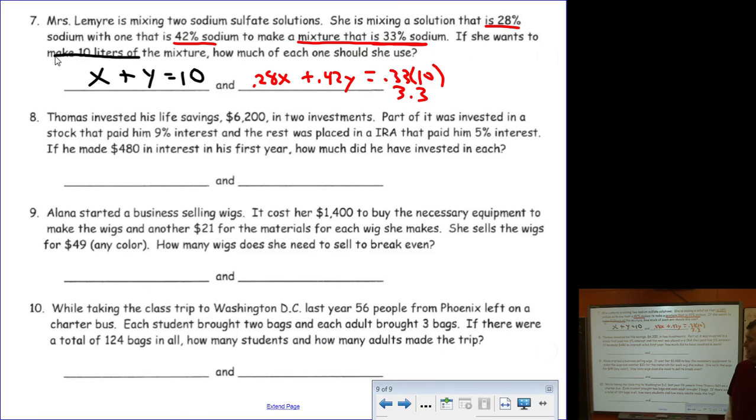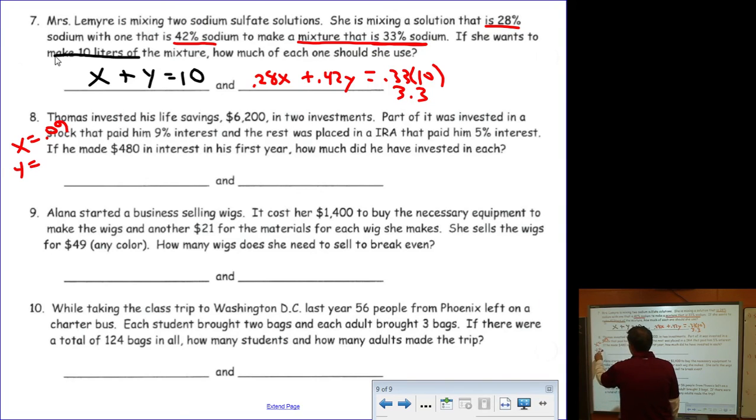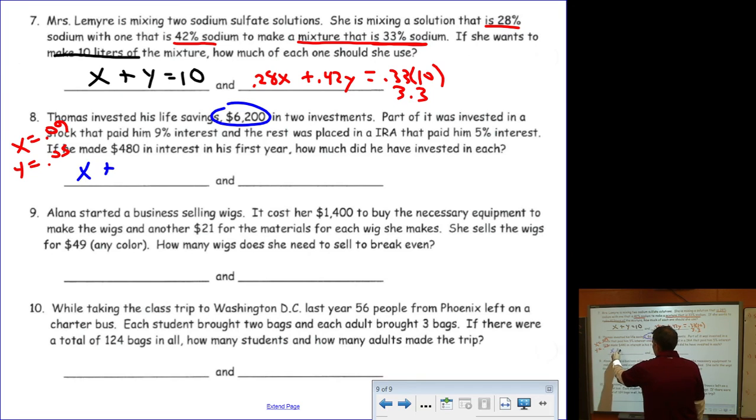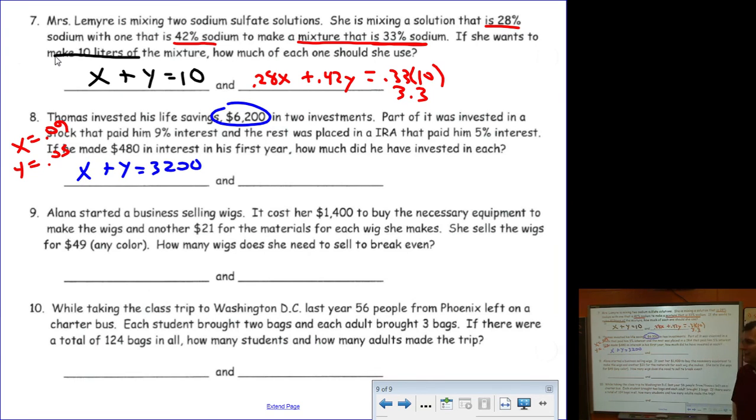Number 8, it's an investment problem. x would be the amount invested at 9%, and y would be the amount invested at 5%. And so my equations would be x plus y needs to equal 3,200. That's the total amount invested.